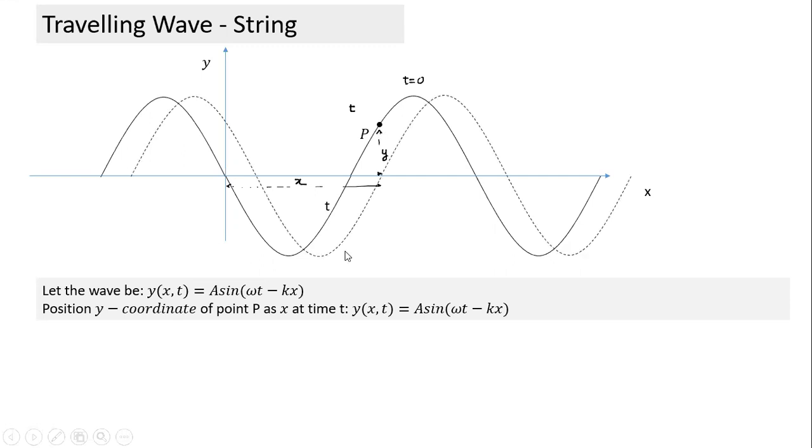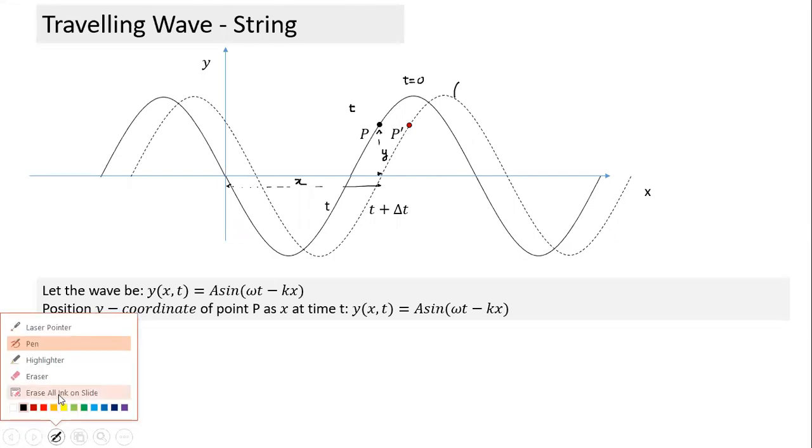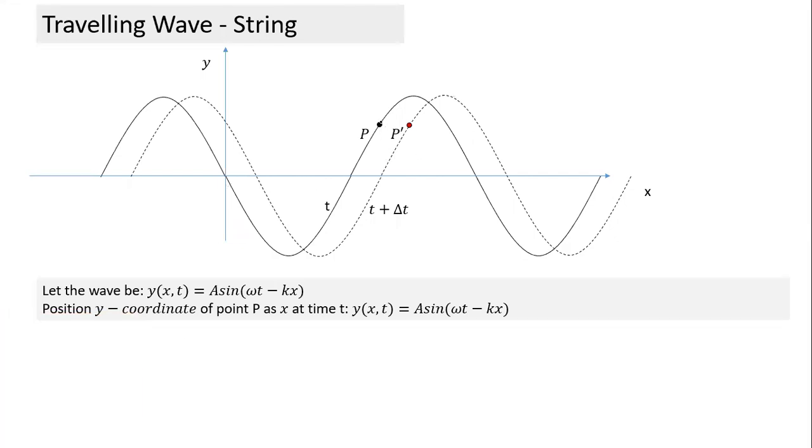Now, after some time, if the wave is moving towards the right, this is how the shape of the wave will appear a little time later. I think we have done it earlier also. So if this is time t is equal to 0, this is the shape of the wave a little time later. Let's understand here. If we are looking at point P, what is special about point P?